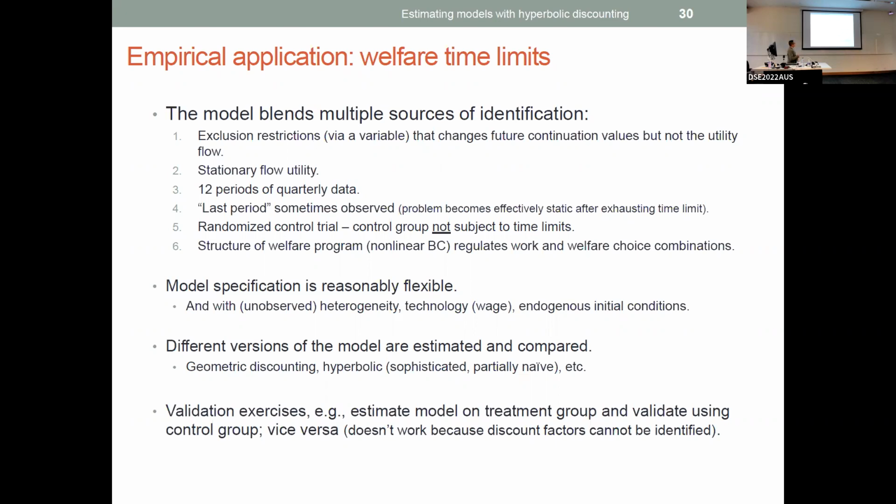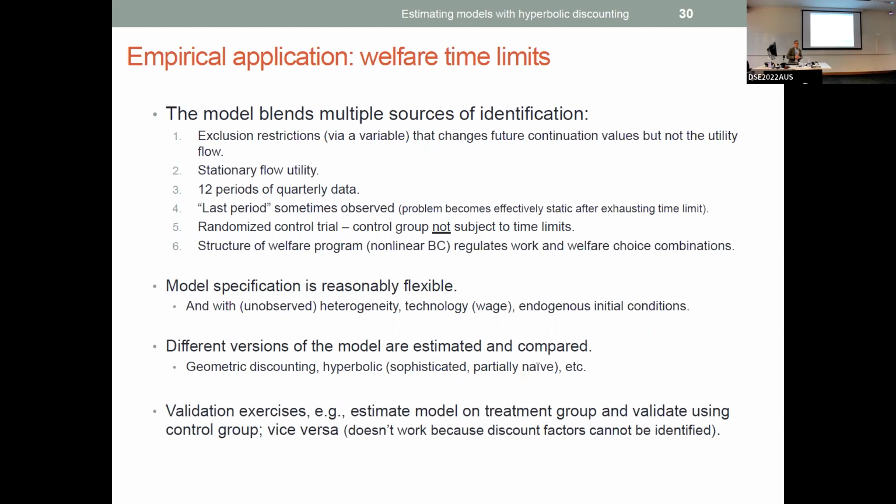There's a randomized control trial. Initially, I thought that it was just a quantitative extra feature that improved identification, but it seems to be more important than that, because with a control group not subject to the policy, you don't have this exclusion variable anymore, and that gives you information to identify the utility flows.